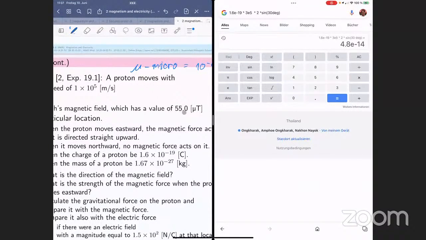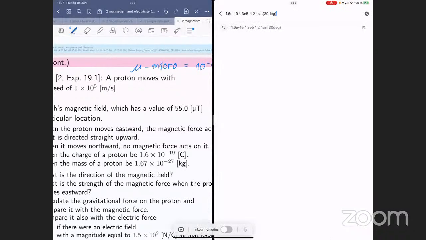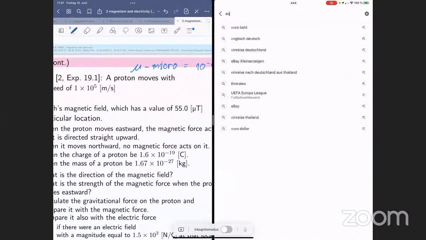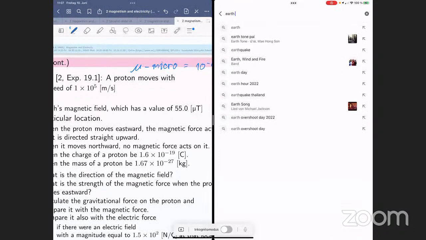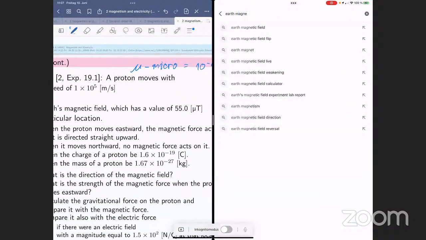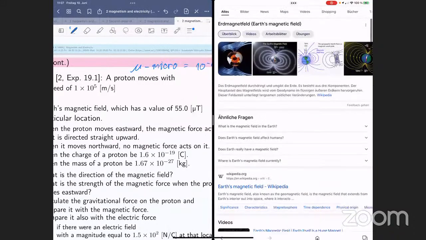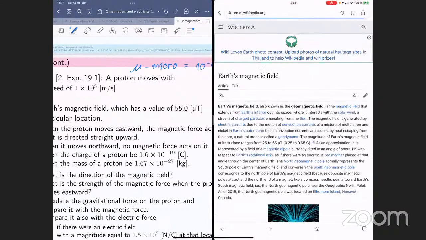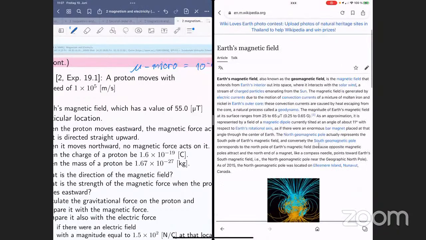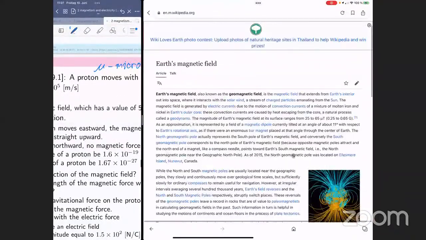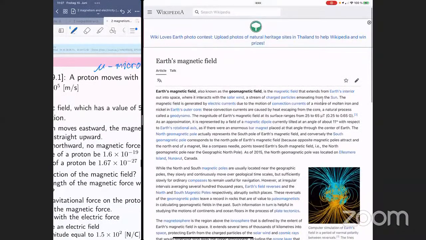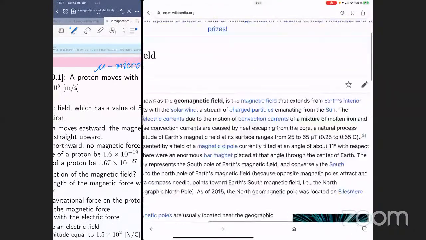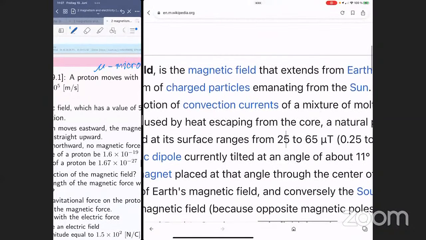Don't always say that the Earth's magnetic field will be only 55, because in nature, the Earth's magnetic field depends on location. For example, you can find the Earth's magnetic field from 25 to 65 micro Tesla.